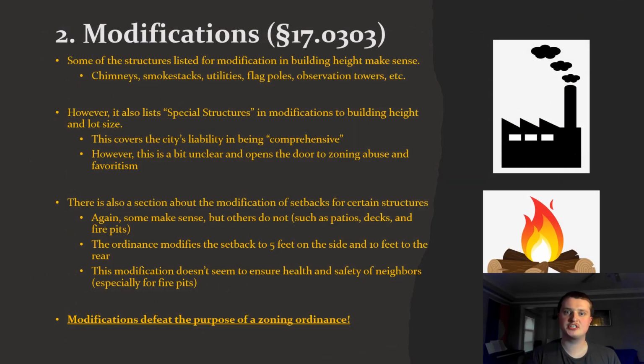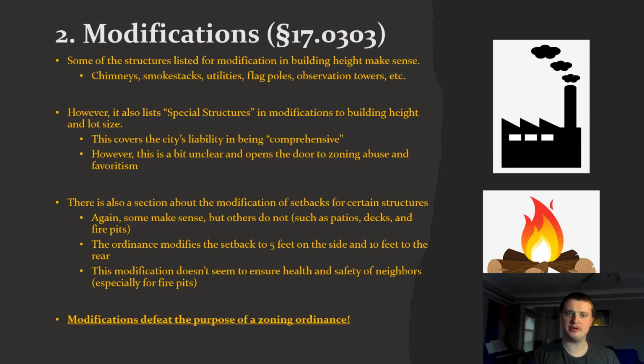So the next section I'll be taking a look at is the modification section. There are some features that are listed in the modification section that are exempt from restrictions that are already laid out in the zoning code. What I have here is the exceptions of the modifications for building height.